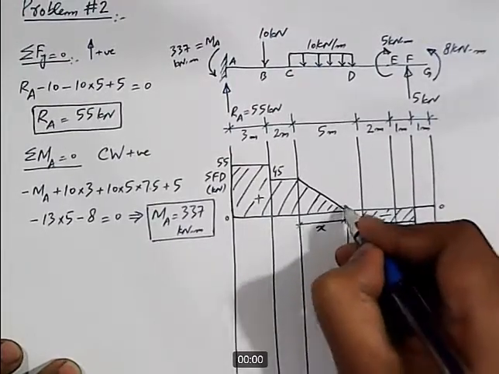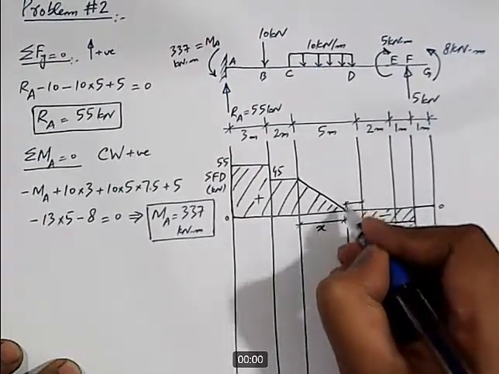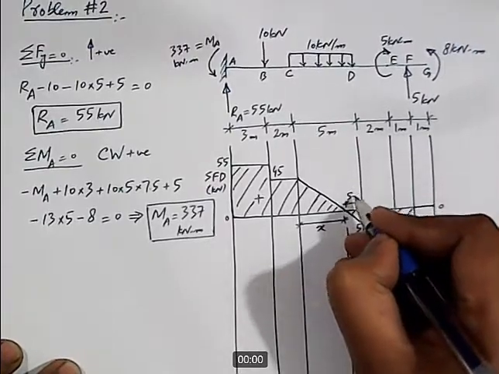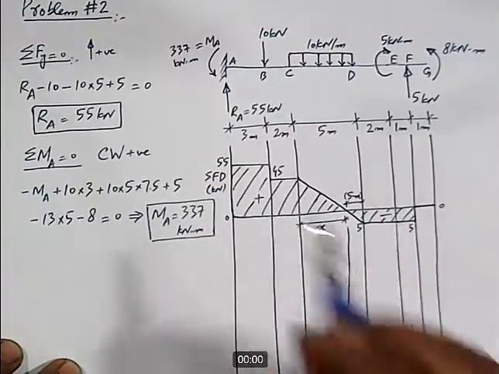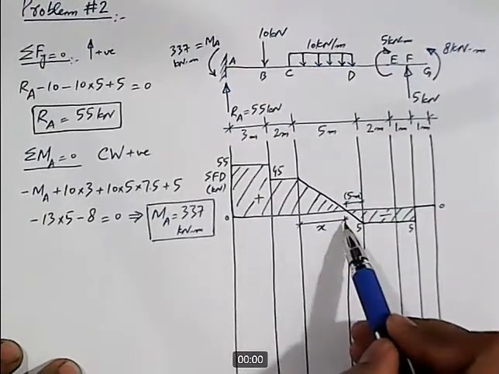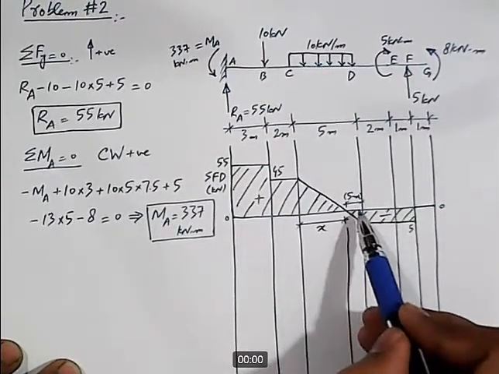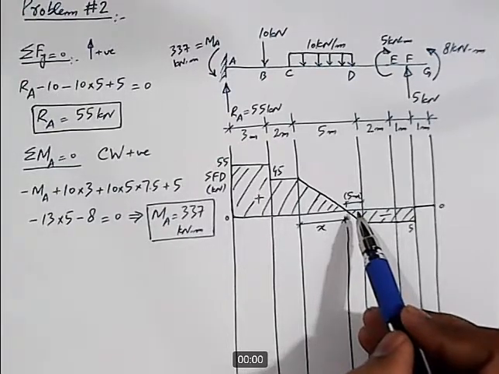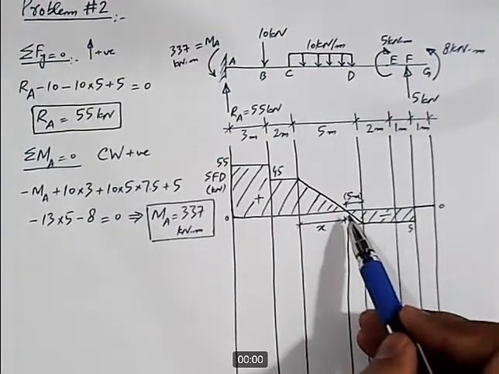We can call this as x, and this will be 5 minus x, because we know that from point C to D, the distance is 5. So if we are assuming this to be x, this distance will be 5 minus x. Now we will use the concept of similar triangles.